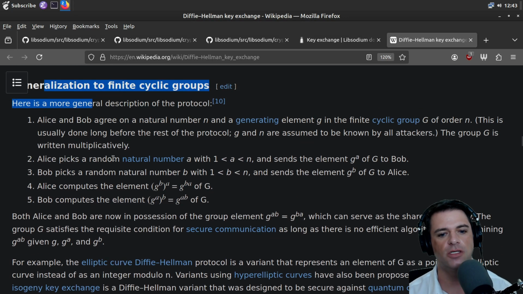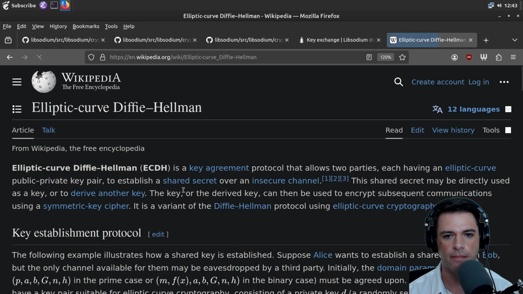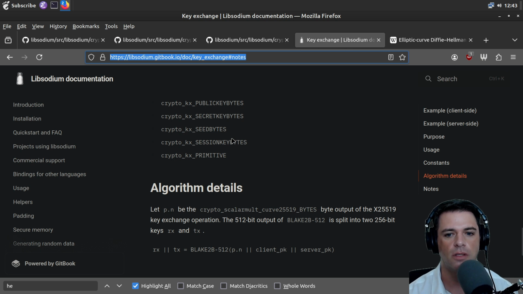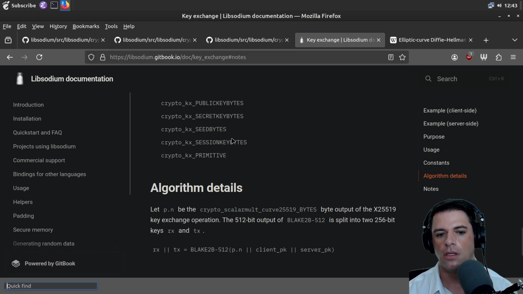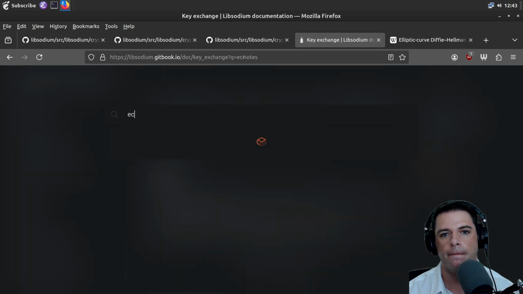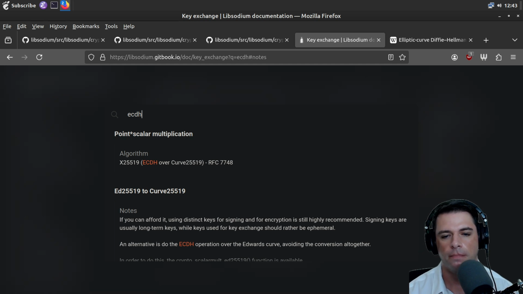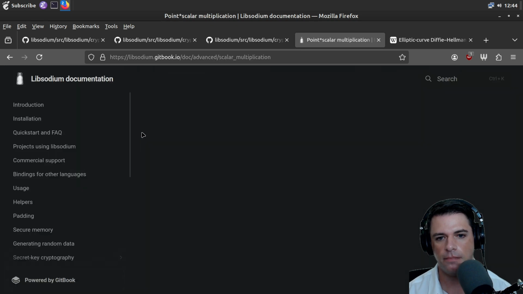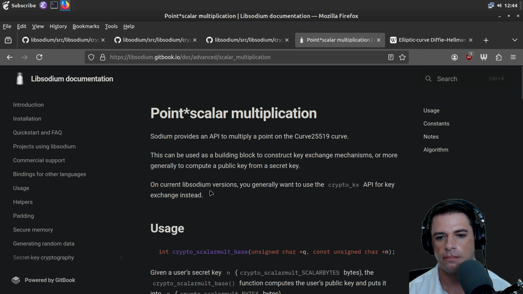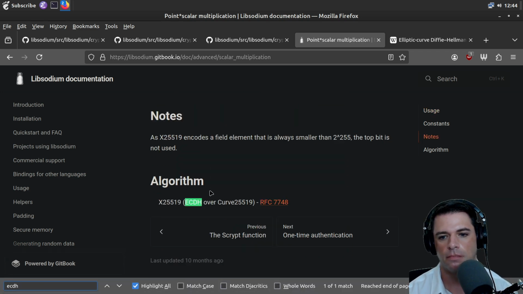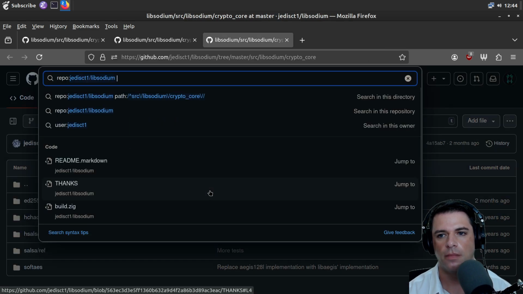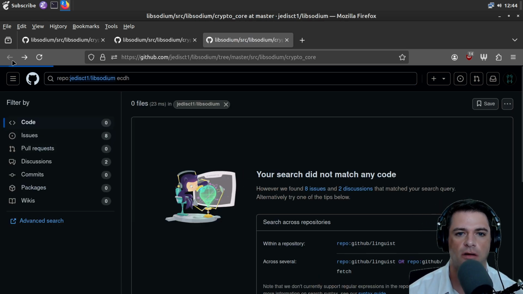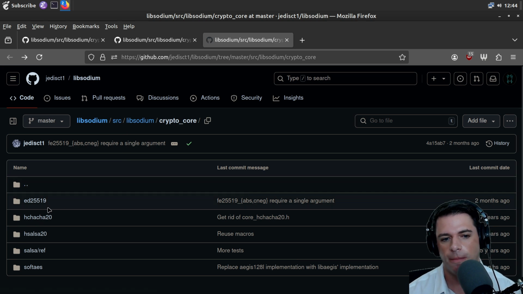So it may be just a generalization, for example, elliptic curve Diffie-Hellman. ECDH. Yeah, I forgot about ECDH. Let's see if ECDH appears. It's referenced here. I'm not sure. I really don't know. I don't know why they wouldn't just come out and say it if it was the standard ECDH, but who knows.